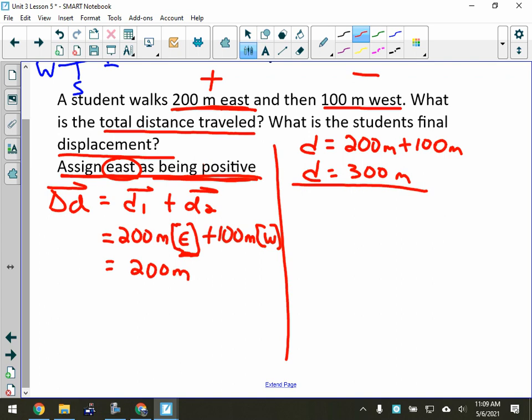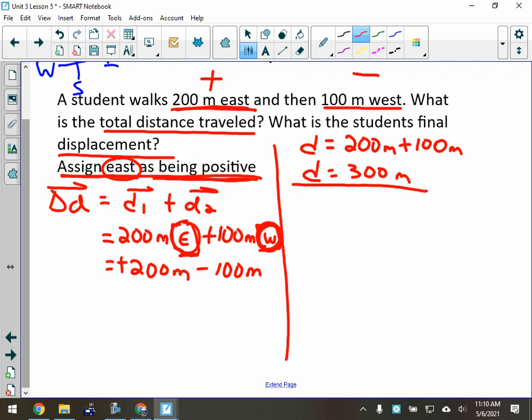You may want to consider doing this. The east direction is a positive, so I put a positive here. Now, I know that's not on your notes there, so just pay attention here, okay? This 100 meters is in the west direction. And if we said east is positive, then the west has to be the opposite direction. It has to be a negative.